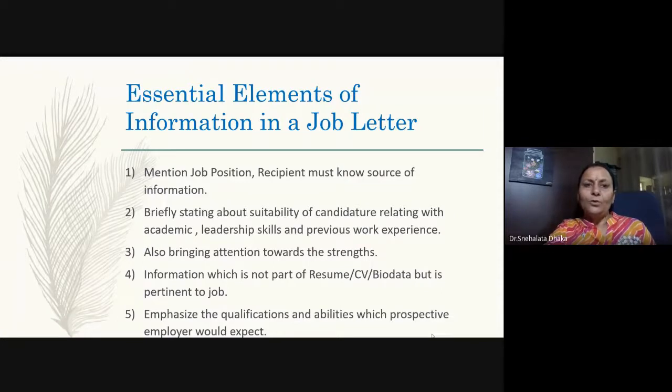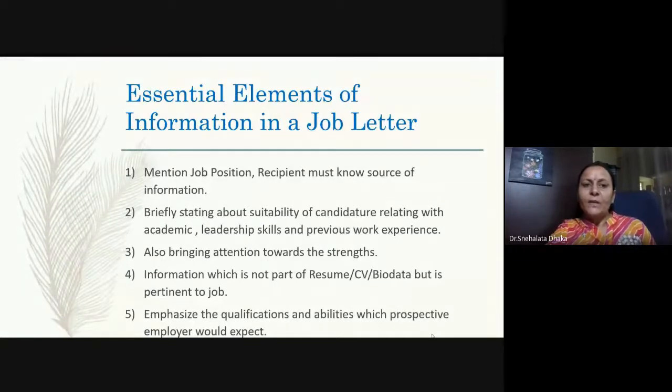Once we have decided that the person has to write the job application, the person has decided the correct format, and also the person is quite efficient in using the steps correctly in that letter, then all these steps are to be effectively presented in that job application. So how those could be presented, that we can just check.